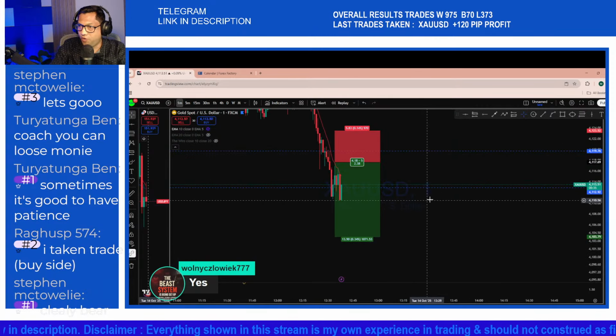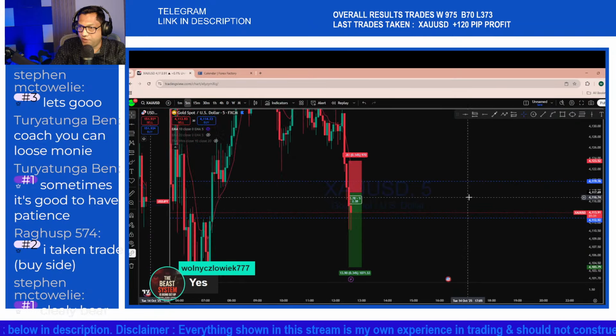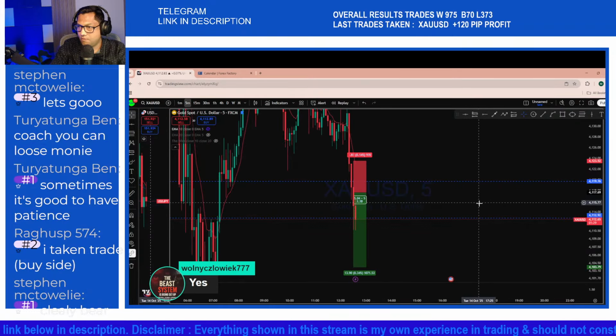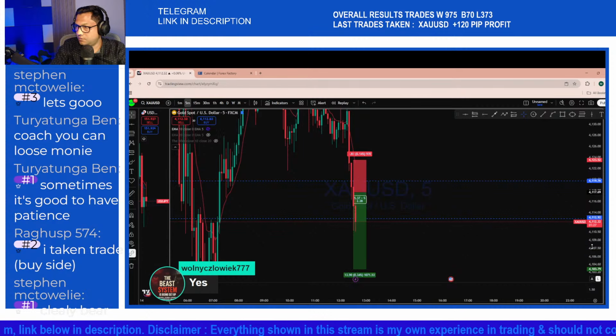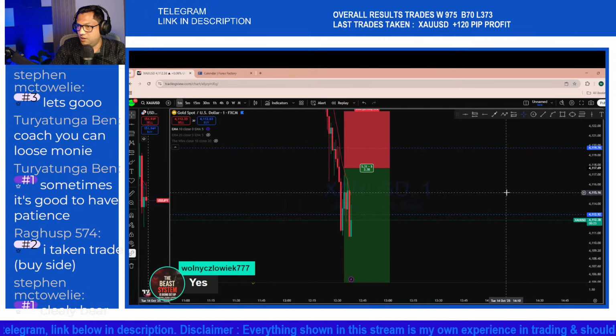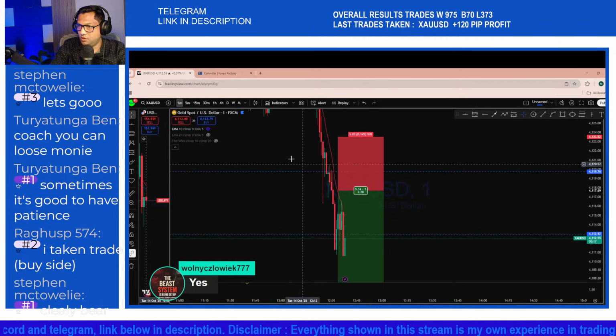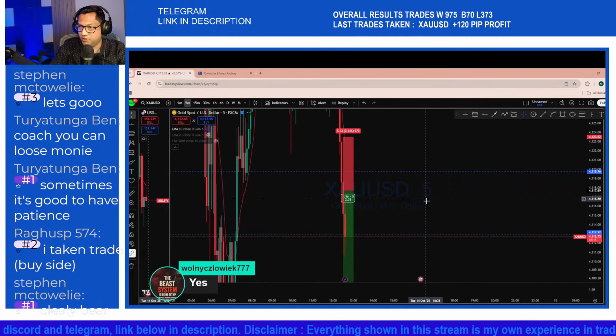I'm waiting for this break below, if it is trying to bounce off that level. Okay, so you can see there is some rejection coming on the lower time frame in that market, which could bring that price to test below further.